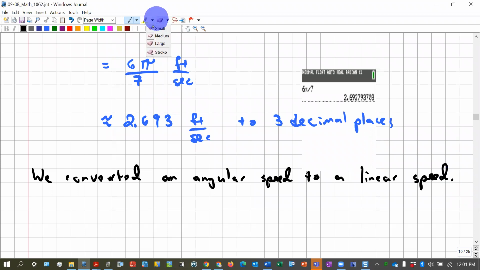Your authors, I think it's Michael and his grandfather, Michael, give you a formula for converting between angular speed and linear speed. That's a nice little formula.